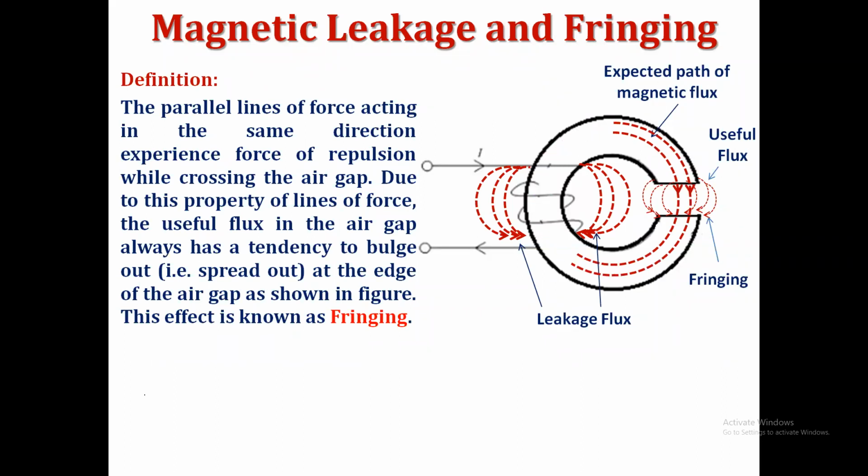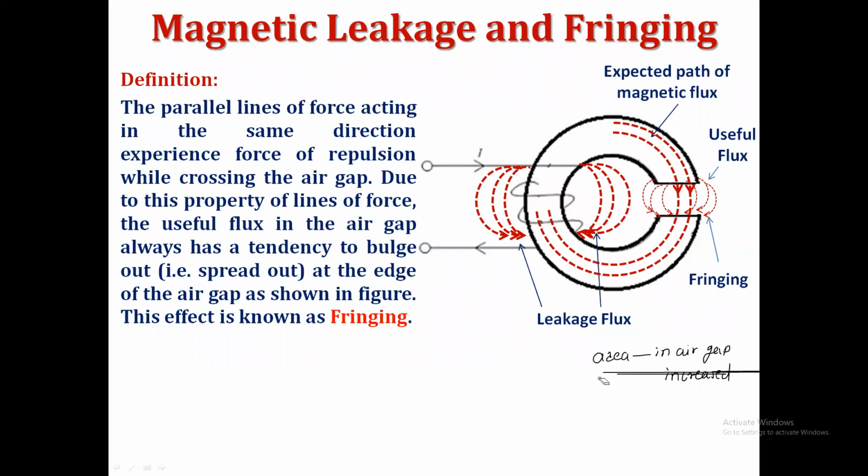This effect is known as fringing. Due to this fringing effect, the area of cross section in the air gap will be increased. Let me clear the thing here.